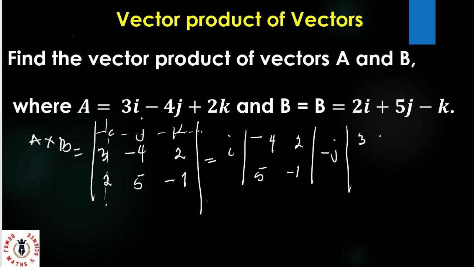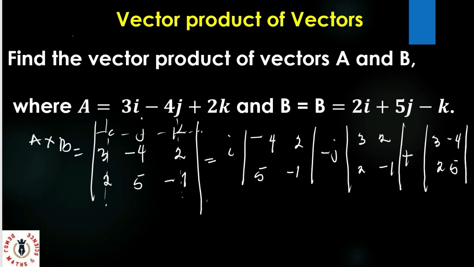Here will be 3, 4, 2, minus 1. Then plus k. Here will be 3, minus 4, 2, and 5. Now to help you understand how to find the determinant of a 2 by 2 or a 3 by 3 matrix, we'll place a description to our lesson on determinants of matrices.